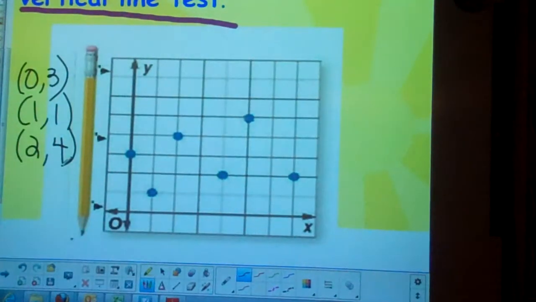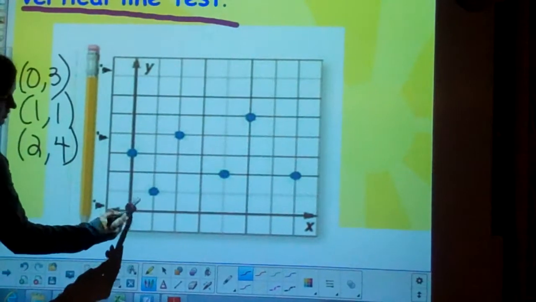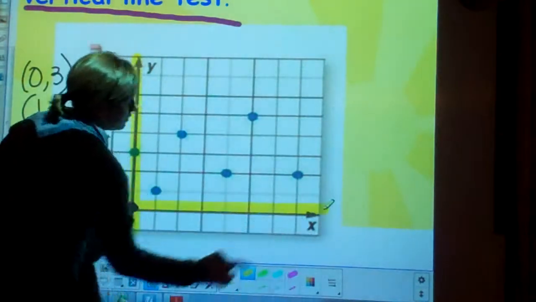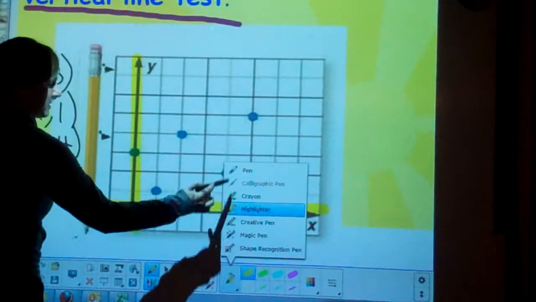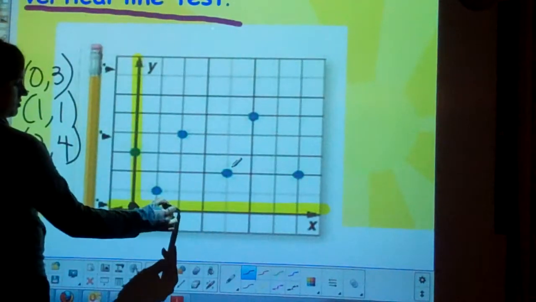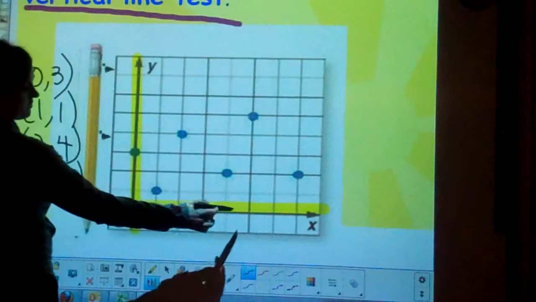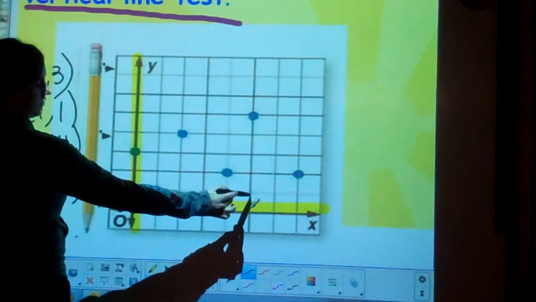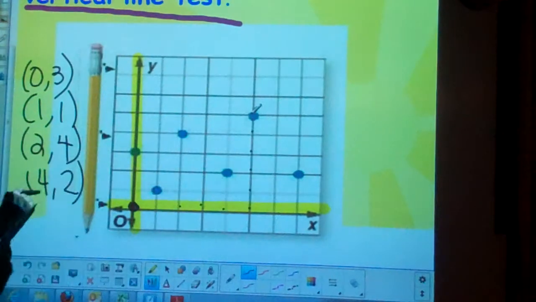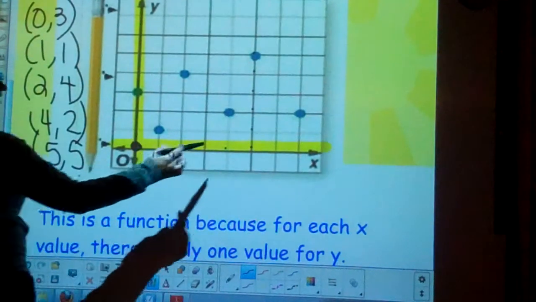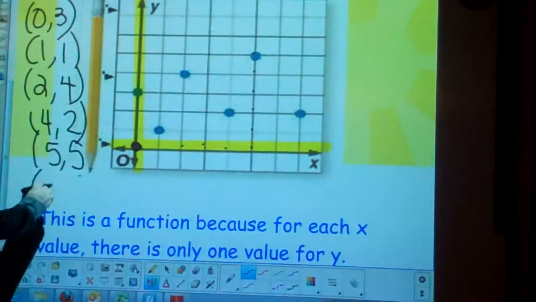Here's the origin, if that's confusing some of you. Then we've got 6, 6. 5, 5. And then 7, 2.